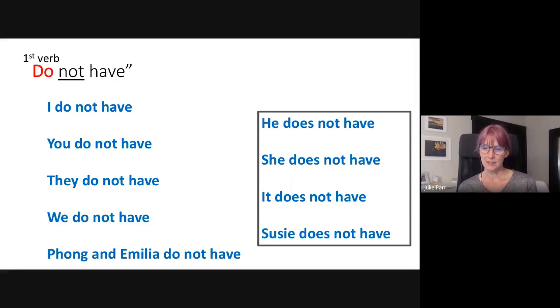He does, she does, it does, Susie does. Have is then the second verb. The second verb is the base verb. There are no changes made to a second verb. The changes are in the first verb because the first verb is together with the pronoun.